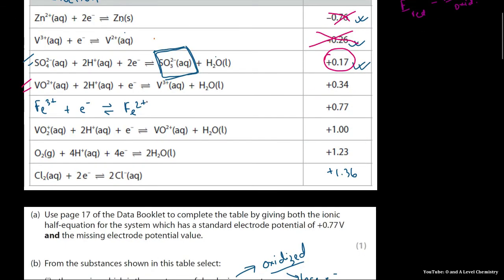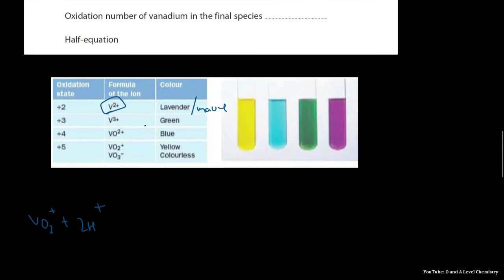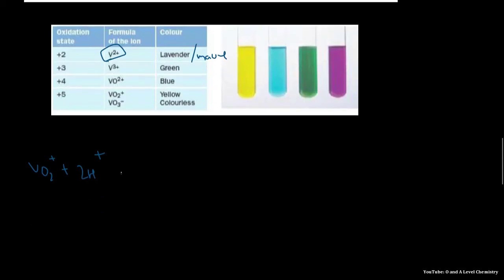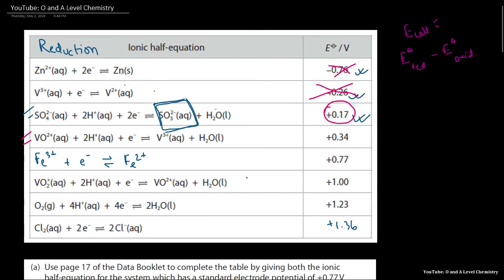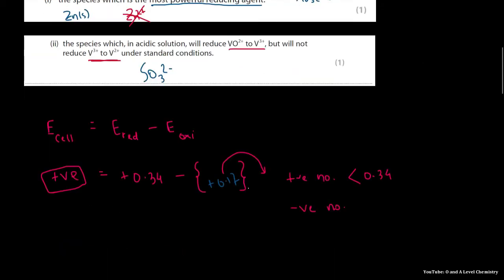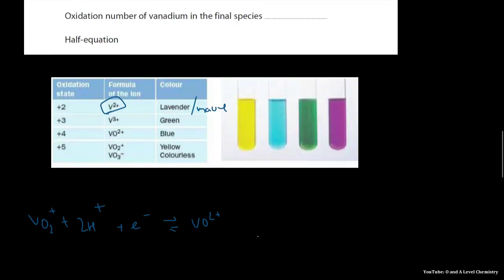The half equation was, plus e-, plus water.